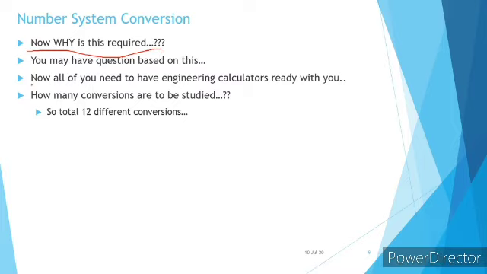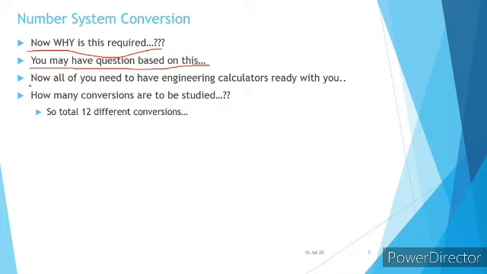You will have 2 or 4 marks questions based on this conversion. In one of the lectures we'll try to cover what different questions are covered in the question paper also.